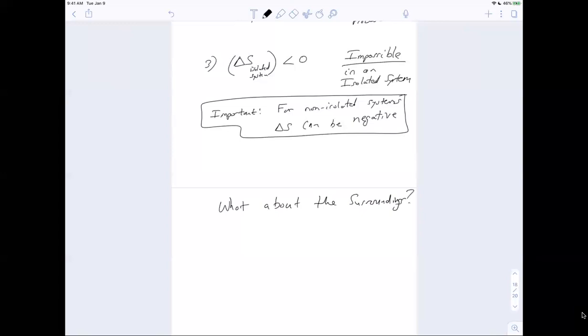Okay, and so this is very simple. We know that the universe is equal to system plus surroundings. This is going back to day 1 or maybe day 2 of this course. That means then that delta S of the universe is equal to delta S of your system plus delta S of the surroundings.